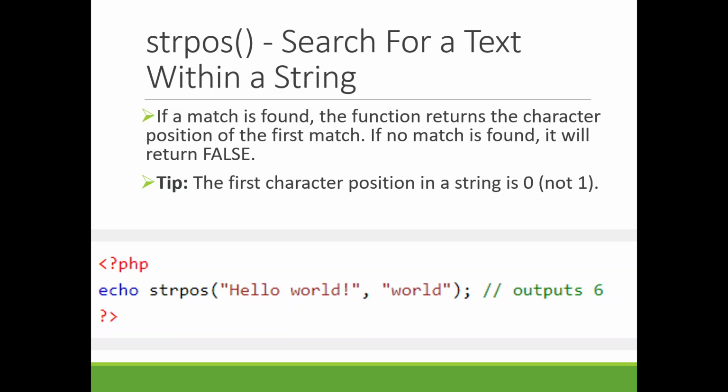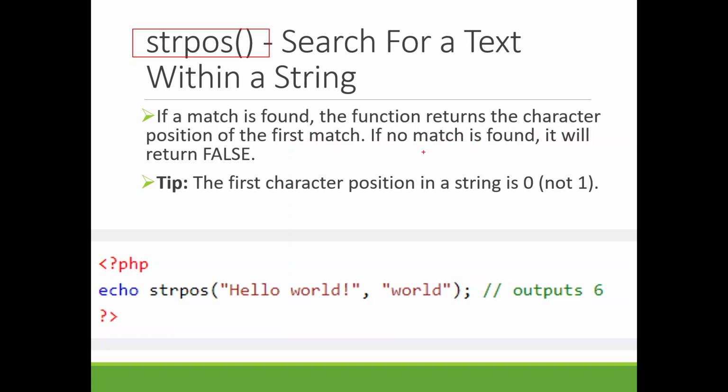Then we have string position. It's used to search for a text within a string. If a match is found, the function returns the character position of the first match.